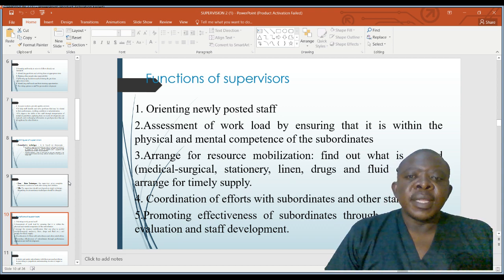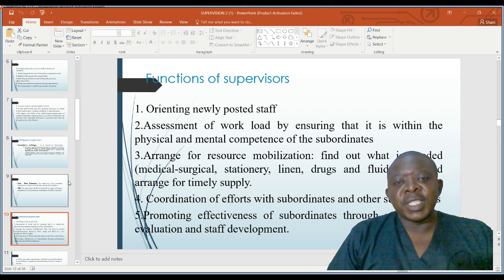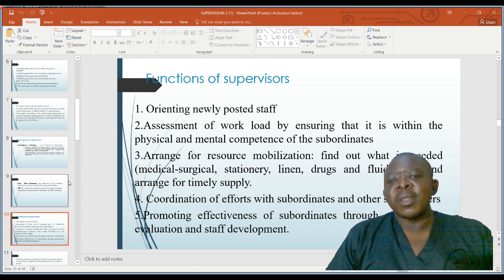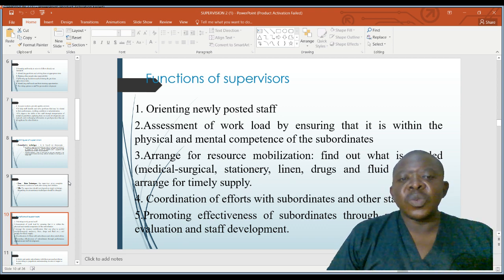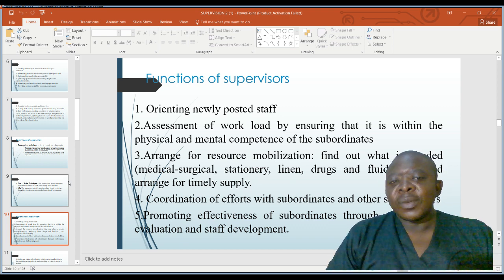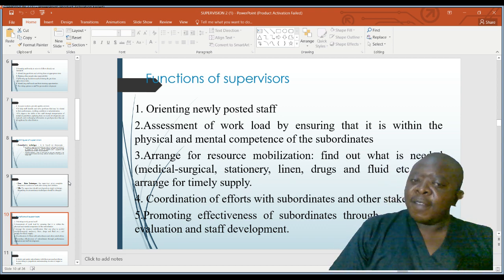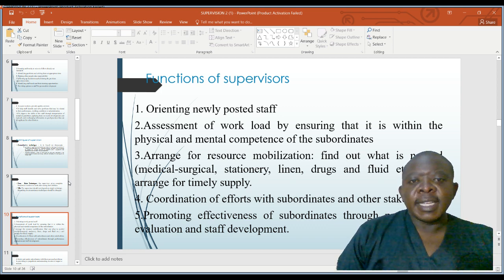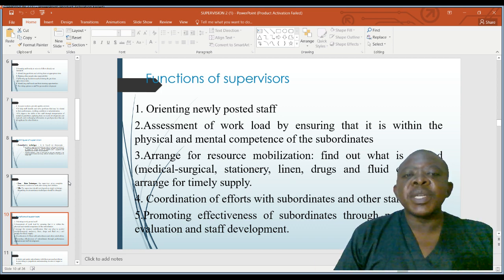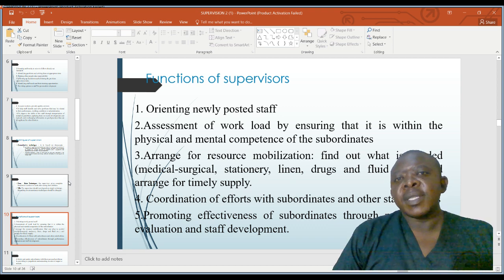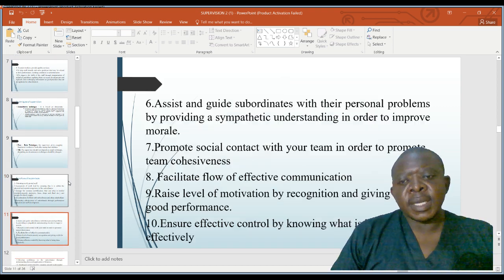And there was also other coordination that these supervisors were doing with other departments like the pharmacy to ensure that the resources that you need are there. So they also promote effectiveness of subordinates through performance and also evaluation. So these supervisors at the end were doing an evaluation of how our services were in that ward.